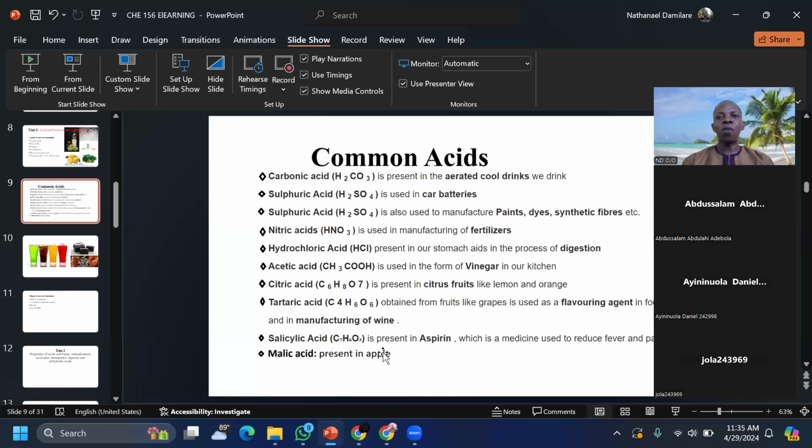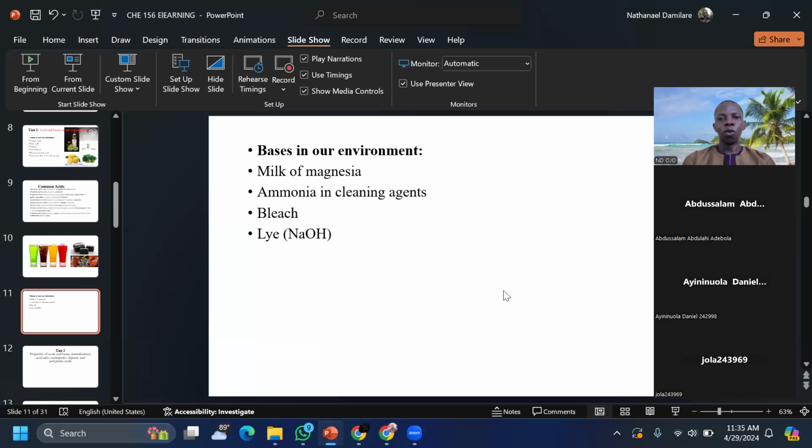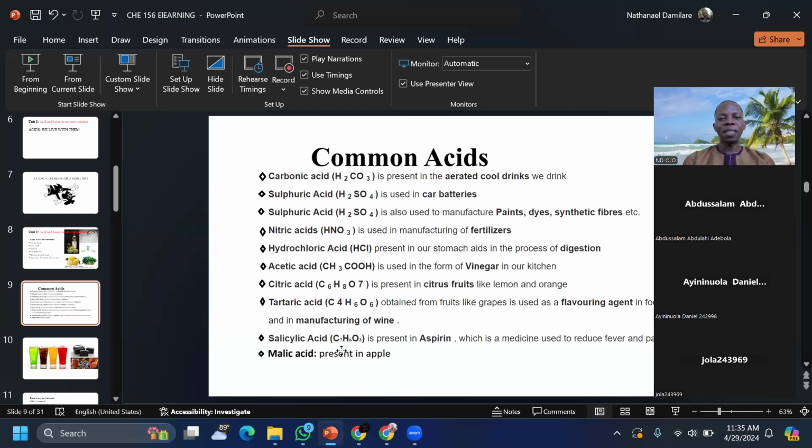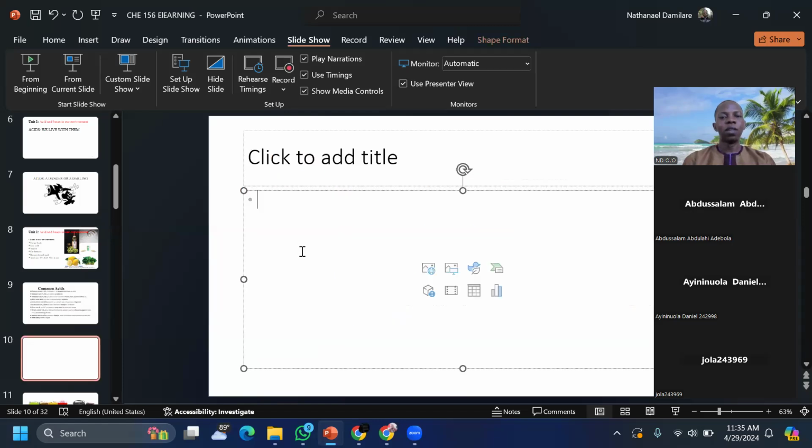All right, at this point, I will need to give you a very short assignment so you can write it somewhere. So now look at this malic acid that I've typed here. I will try and type something else to see. Okay, so now we have malic acid and we have malic acid.